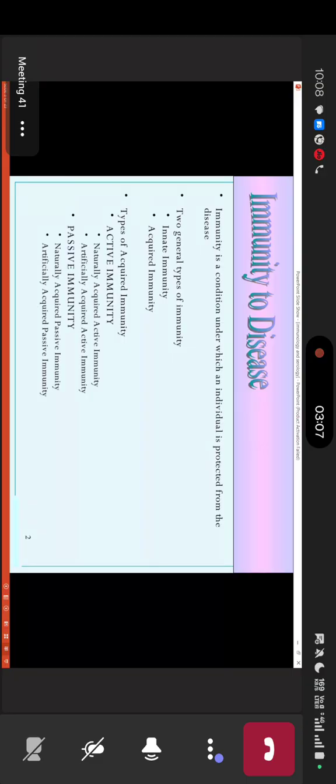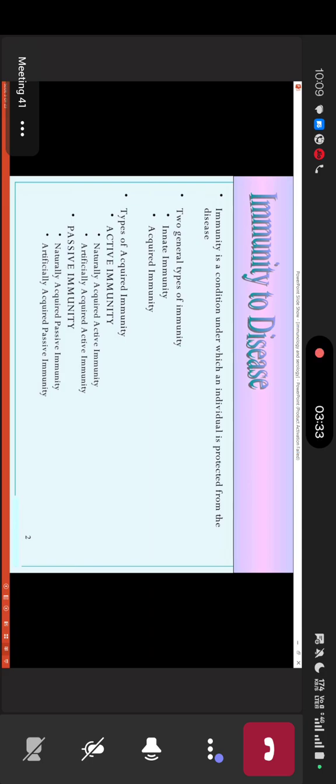What is immunity? Immunity is a condition where an individual protects themselves from diseases. So our immune system protects us from diseases, and the study of that immune system comes under immunology. In simple words, you can say immunity to disease.